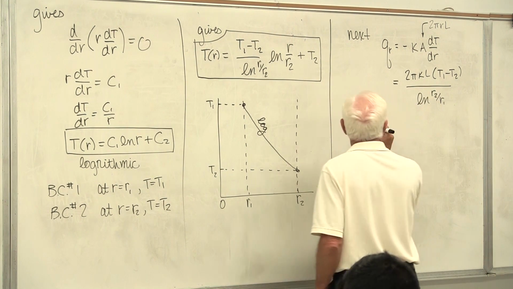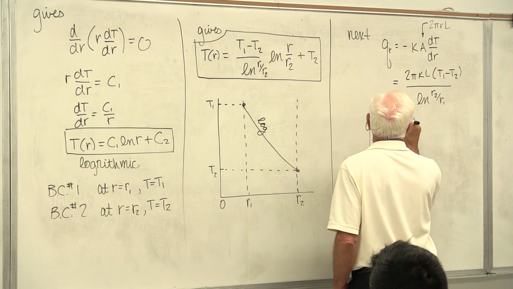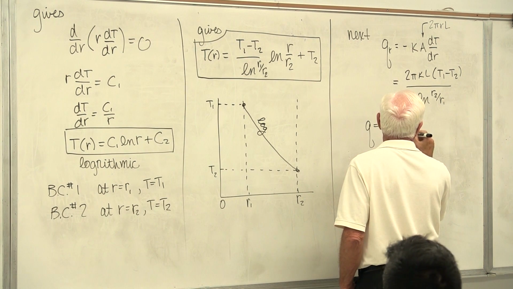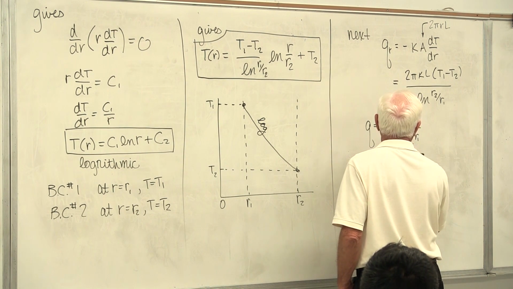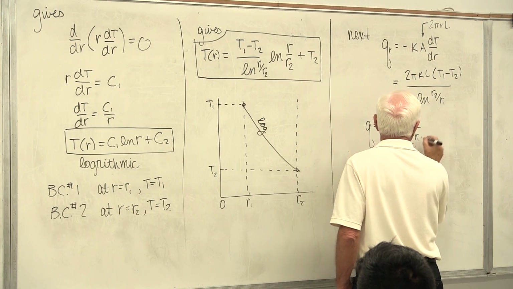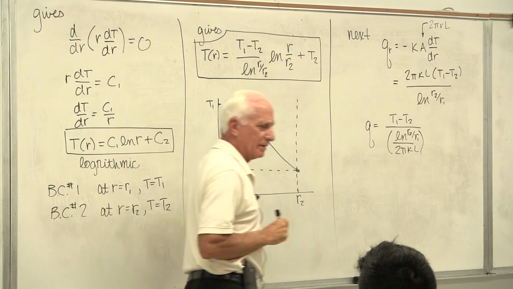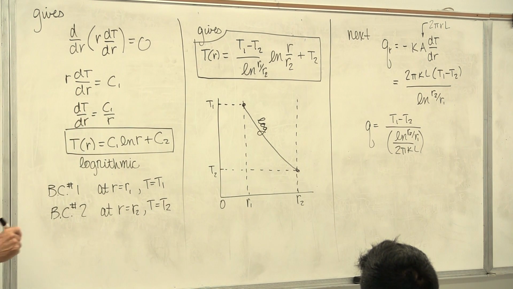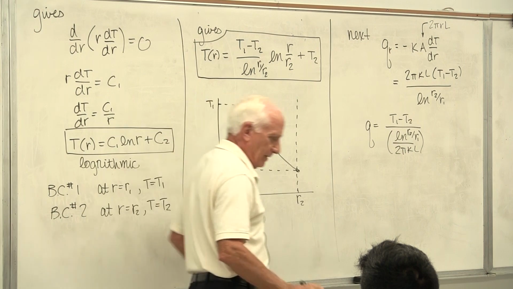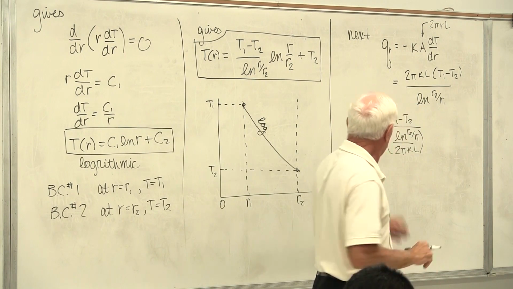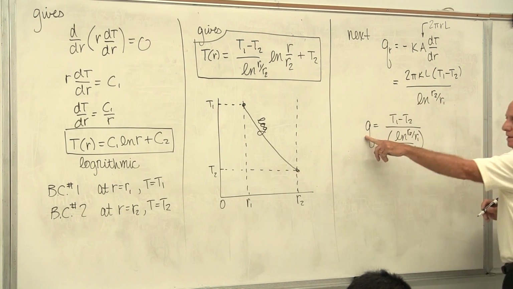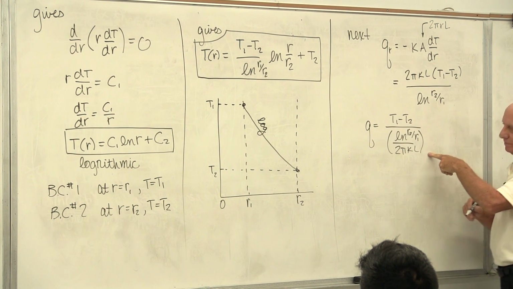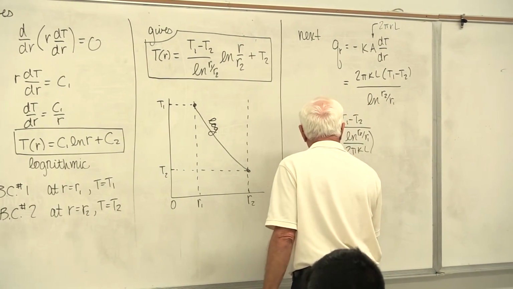And someone said, you know what, that looks somewhat analogous to Ohm's law, which says that the electrical current is equal to a difference in voltage divided by the electrical resistance. This says the flow of heat is equal to a difference in temperature divided by what I'm going to call thermal resistance. This is now R for a cylinder.